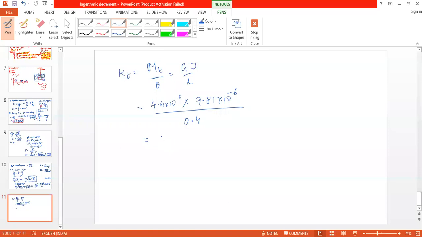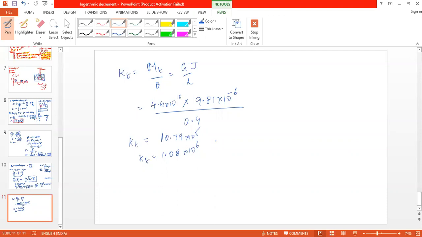What is the answer? 10.791 into 10 power 5, so 1.08 into 10 power 6.